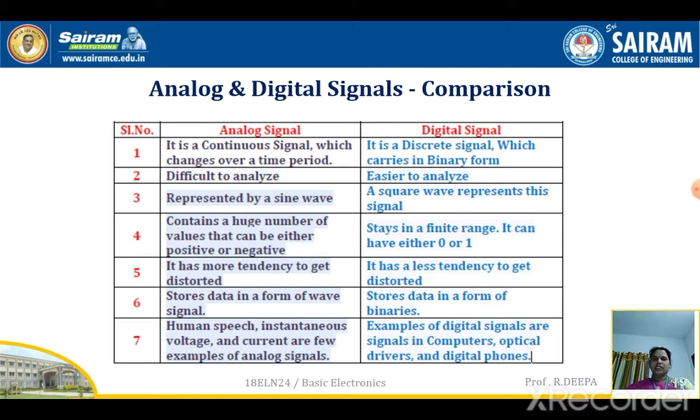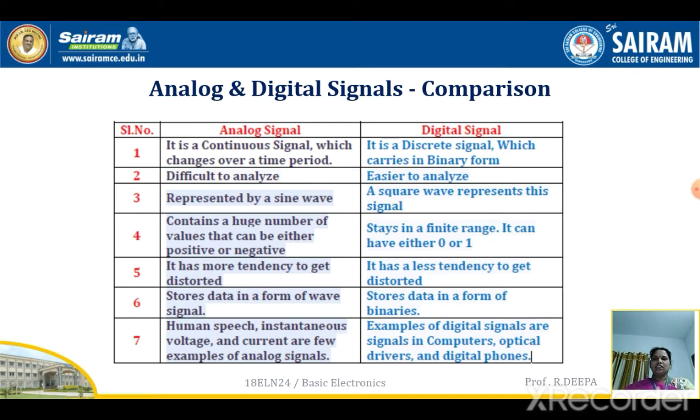An analog signal contains a huge number of values, either positive or negative, whereas a digital signal has a finite range, that is, either 0 or 1. An analog signal has the tendency to get distorted, whereas a digital signal has less tendency to get distorted.